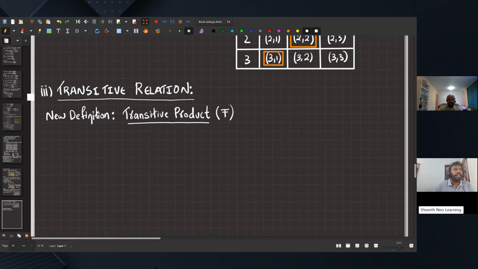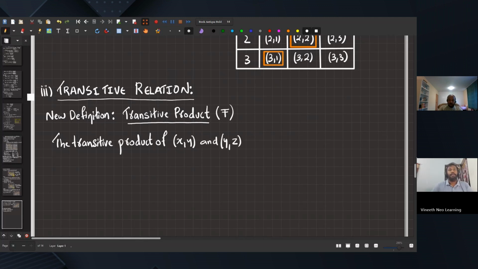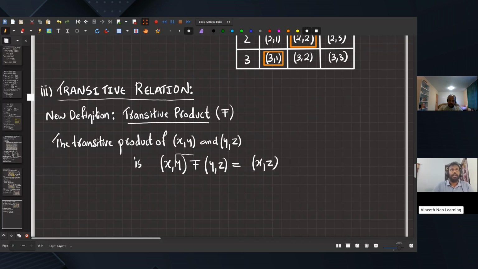It is very simple. The transitive product of the ordered pair (x,y) and the ordered pair (y,z) is, we are going to take products, meaning we are creating algebra here. (x,y) multiplied with (y,z) will give me the ordered pair (x,z), meaning y is gone.